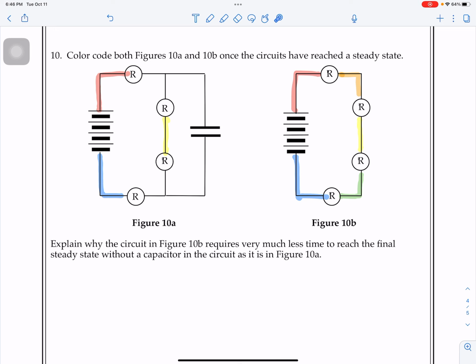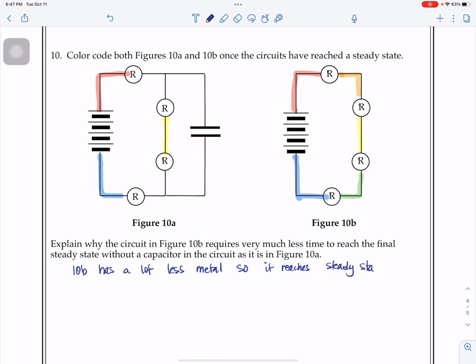Explain why the circuit in figure 10B requires much less time to reach the final steady state without a capacitor in the circuit as it is in figure 10A. All right, so that one is easy to answer. So 10B has a lot less metal. So it reaches steady state much faster.